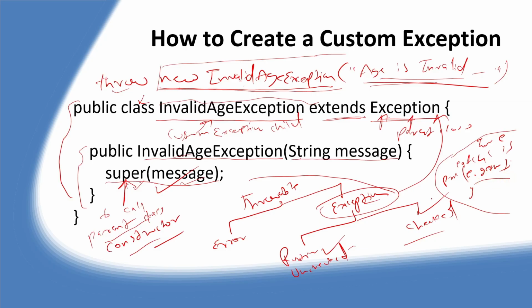So to create a custom exception, simply create a class that extends the Exception class, then define a constructor that accepts an error message and passes it to the parent class constructor using the super keyword. That is how we create a custom exception class. Let's go to IntelliJ and see some examples for better clarity.